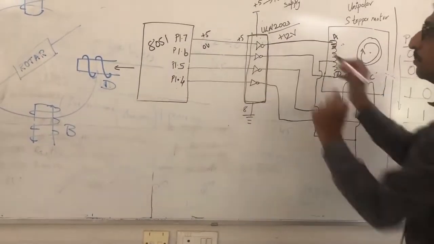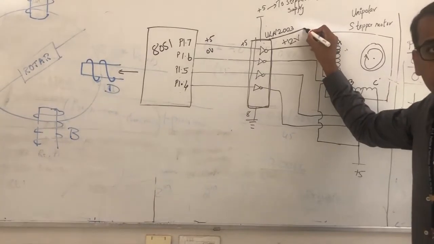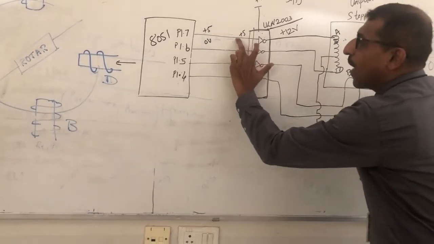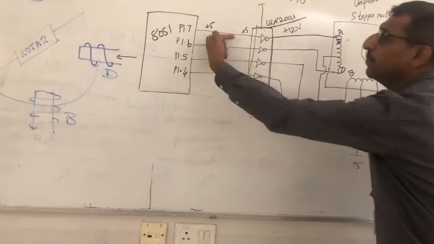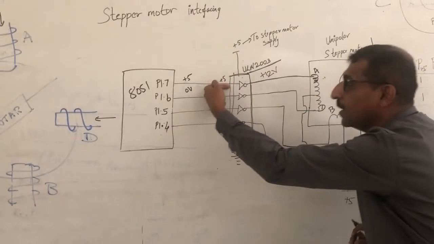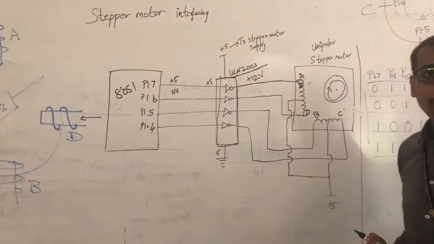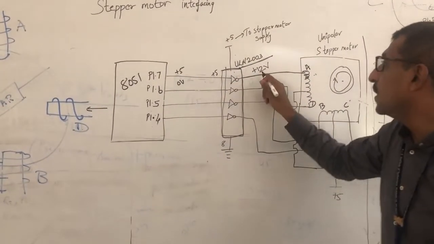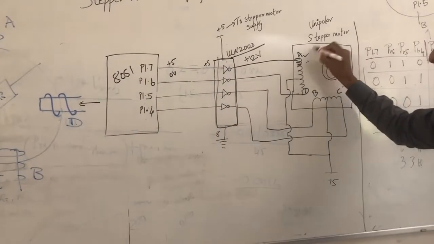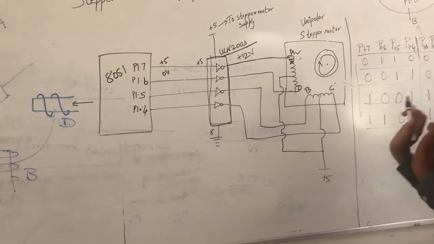There is something called ULN2003, which is a driver circuit which converts 5 volts into 12 volts. If the input coming to ULN2003 is 5 volts, the output shall be 12 volts. Thereby you make this high pulse 12 volts so that it can energize any of the stators, right?